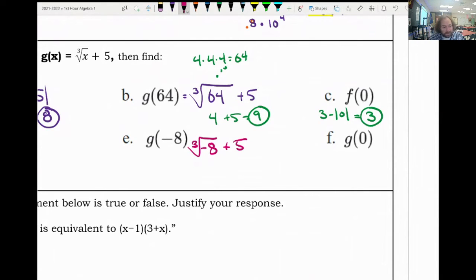The cube root of -8 is -2, because -2 times -2 times -2 is -8, and then that makes it 3, the final answer. And then g of 0, this is the cube root of 0 plus 5. And the cube root of 0 is 0. So this is just going to be 5. Trust your instincts on that one.